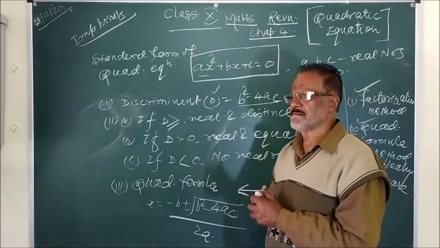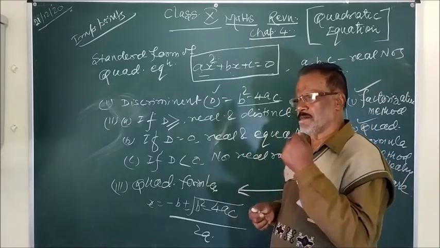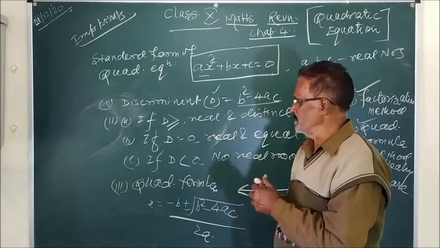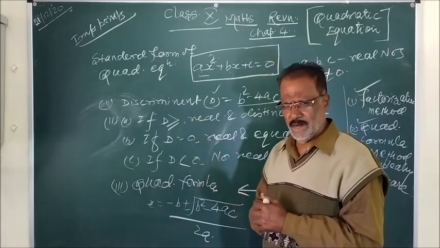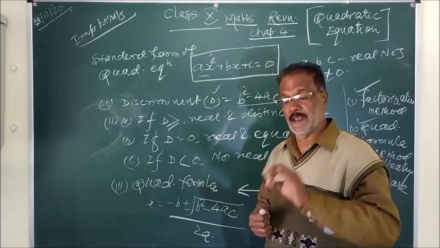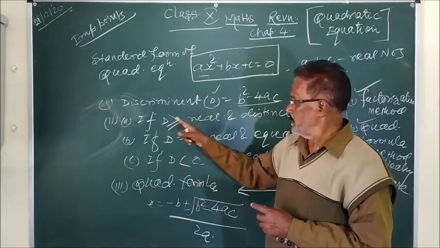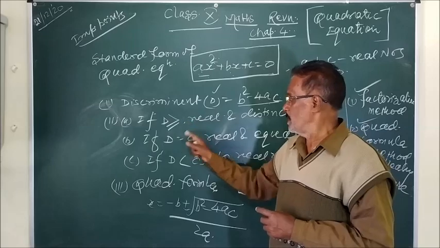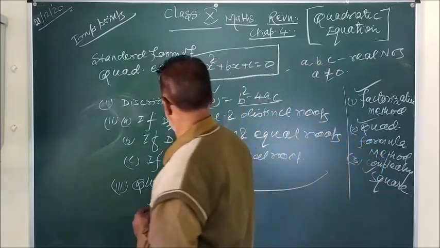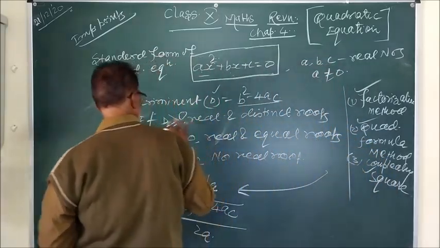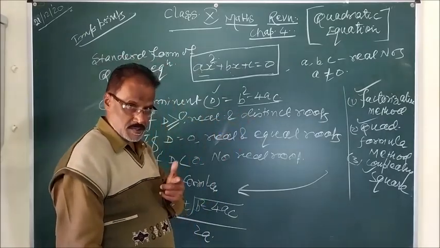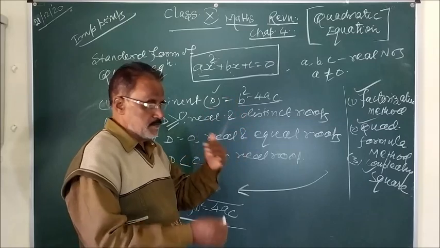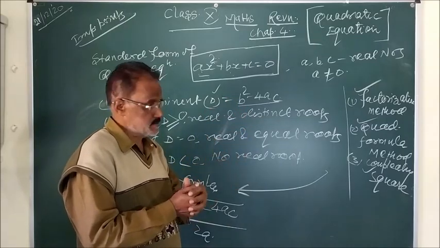Before solving, without solving, you can find out by these three conditions whether the equation has real roots or not. If D is greater than or equal to 0, the roots will be real. Distinct means different values of x.